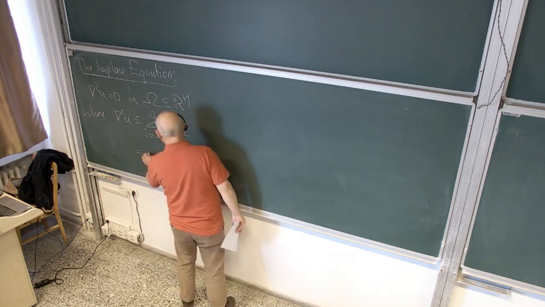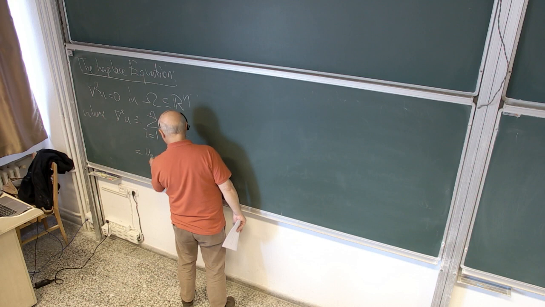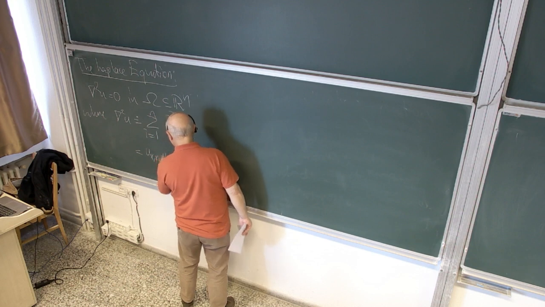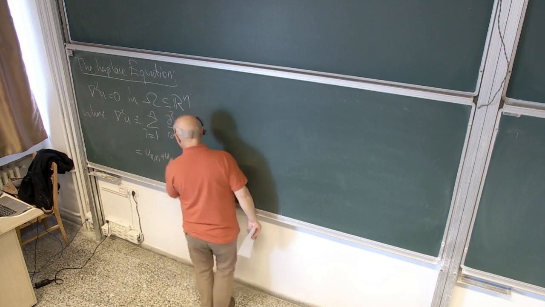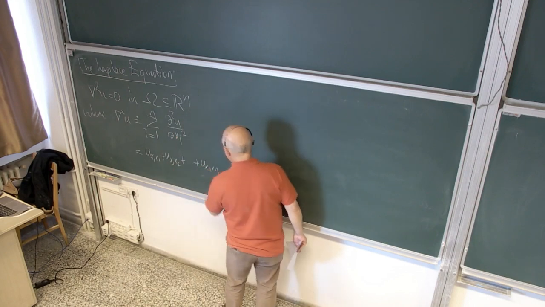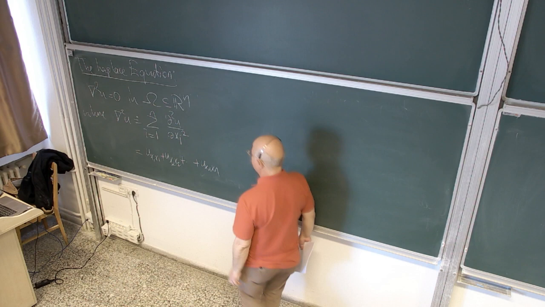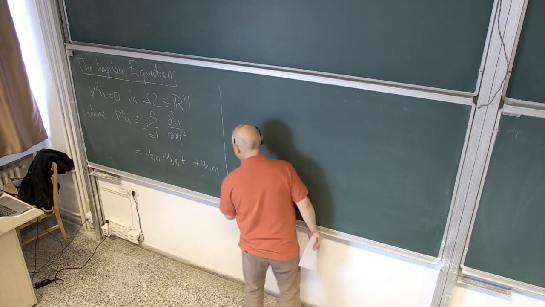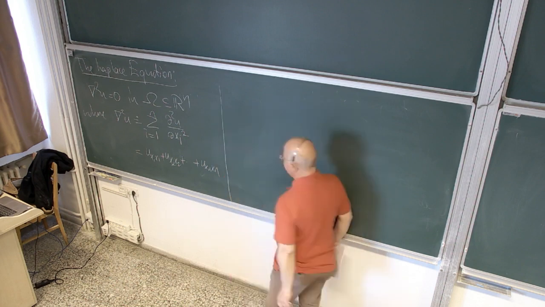u sub x1 x1, u sub x2 x2, u sub xn xn. Okay, so that's called the Laplace equation.